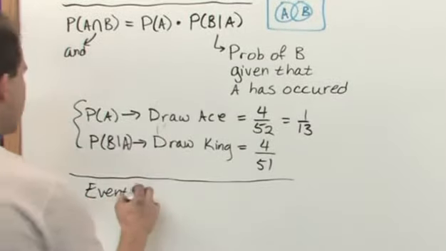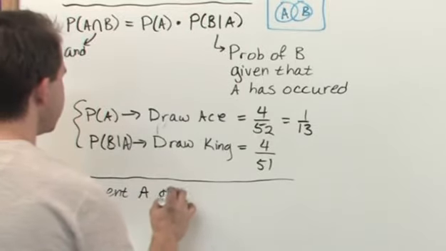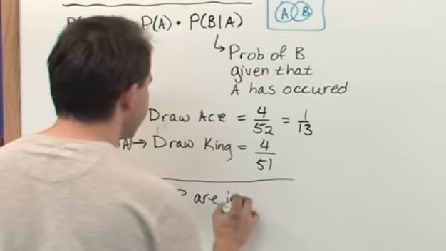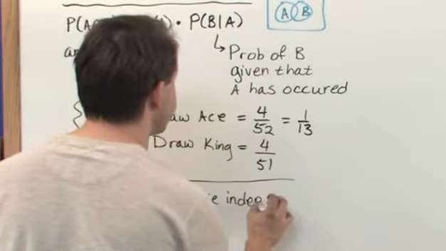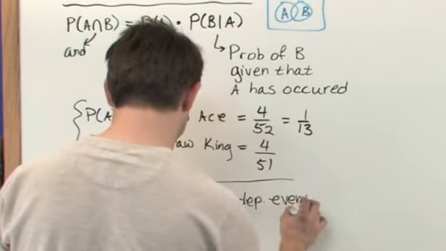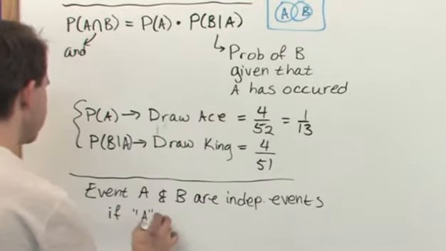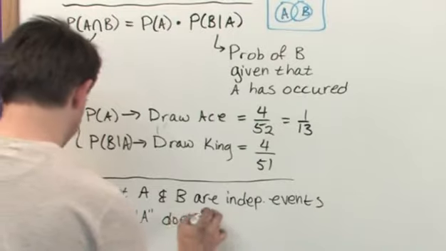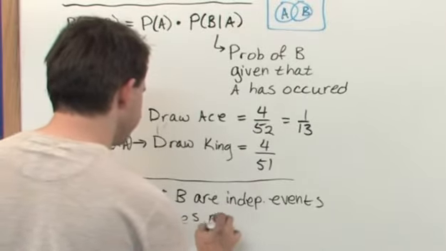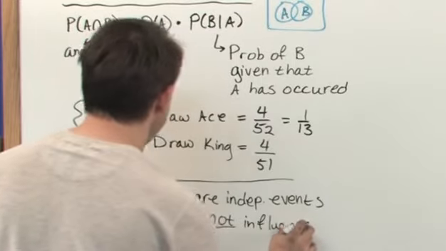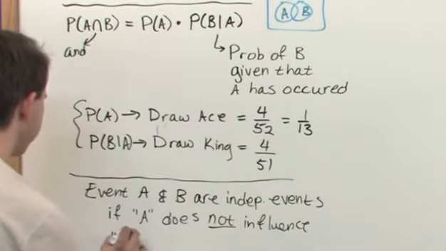Drawing on this a little bit more, event A and event B are independent events if event A does not influence event B. Okay?